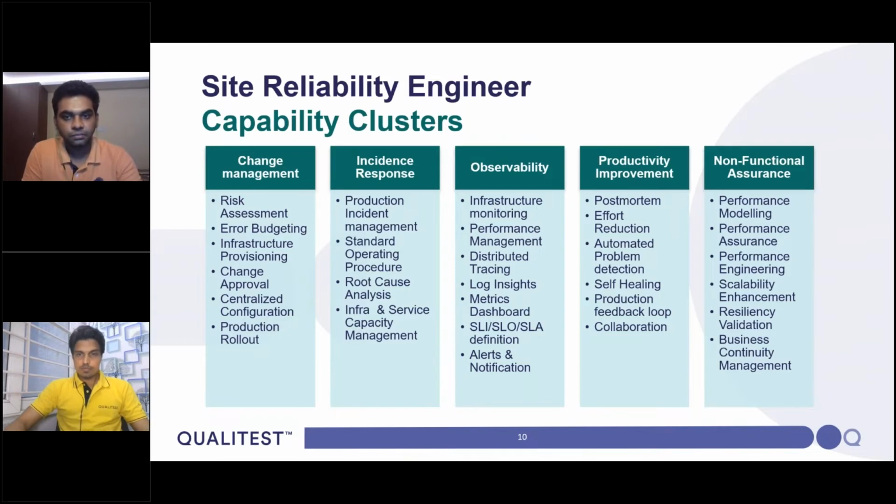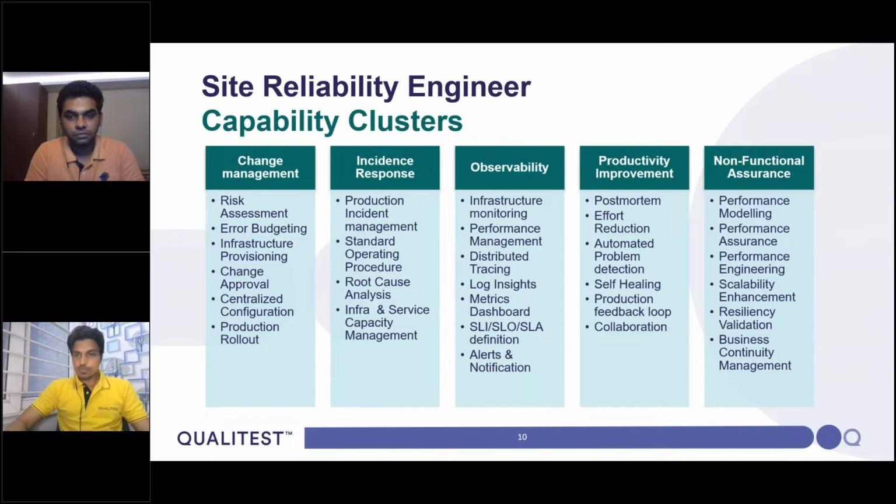Okay. But again, when we looked at the responsibility list, that looked pretty simplified. At a very high level, I know you briefly spoke about that 5T responsibility model, and that looks like a pretty simplified version. But from the skill category perspective and the capability clusters, this looks very detailed, right? I know you mentioned these 5 capability clusters, and within each of these capability clusters there are also multiple skills that are required.